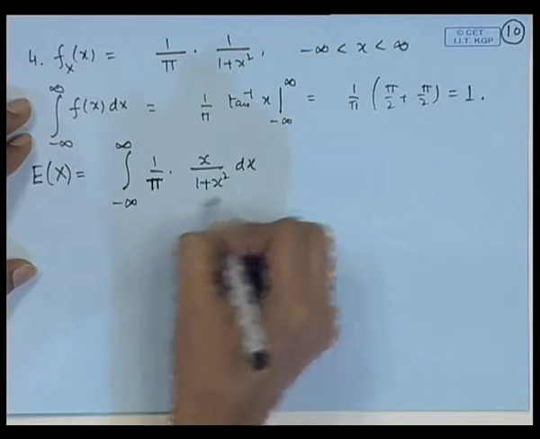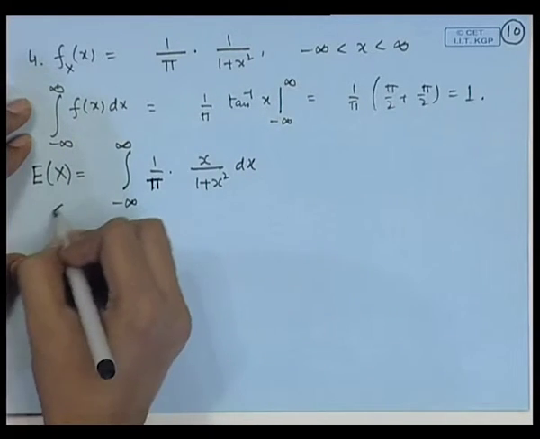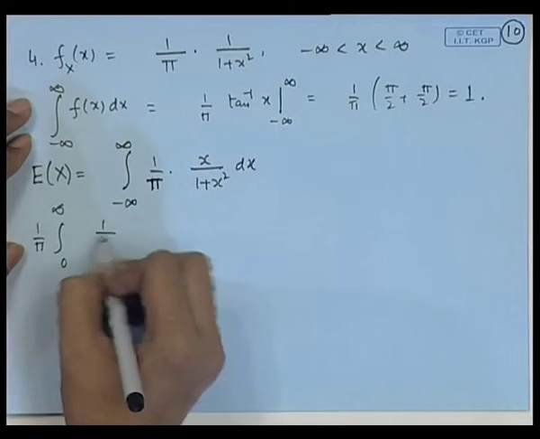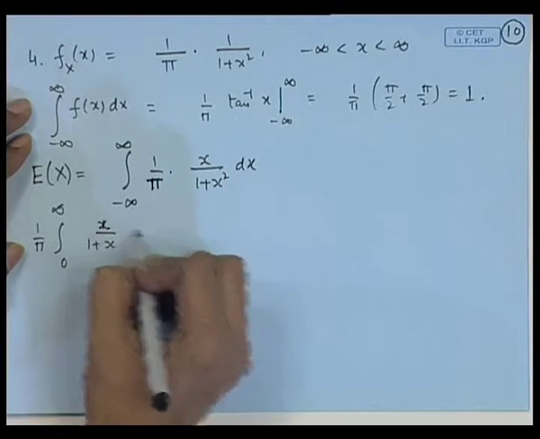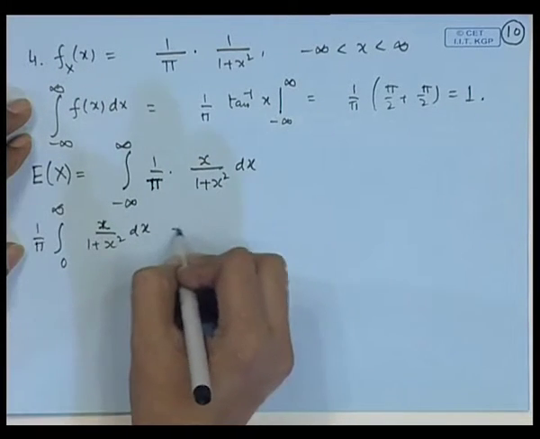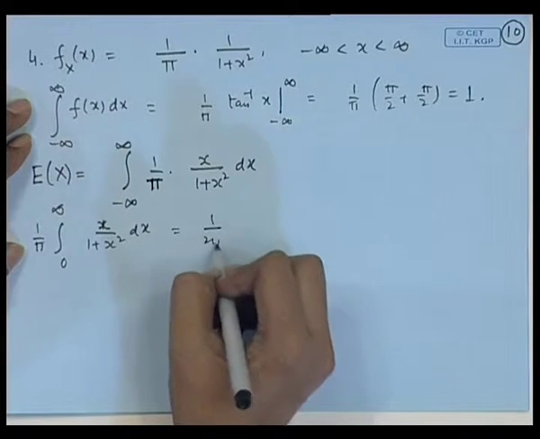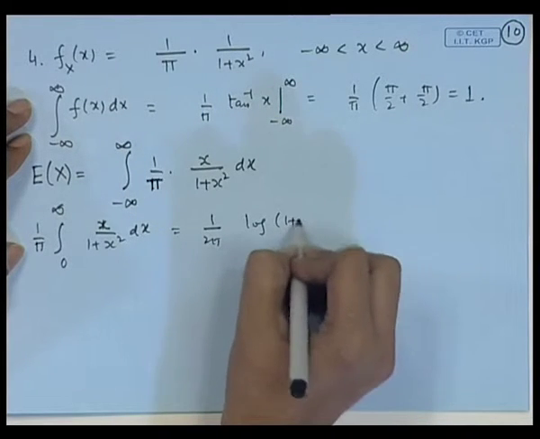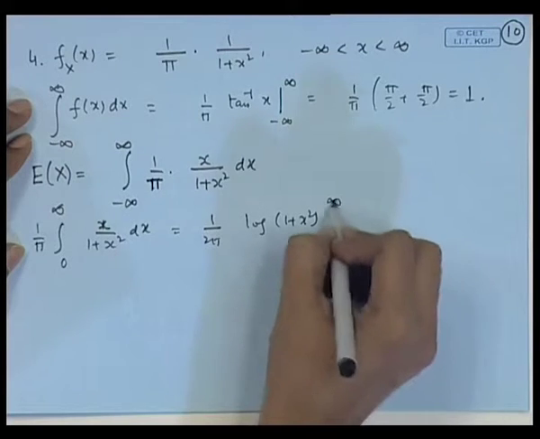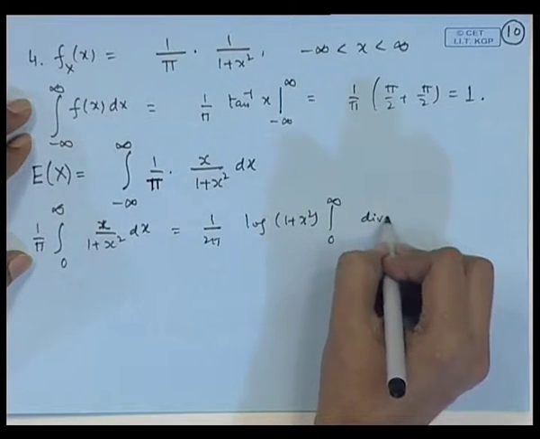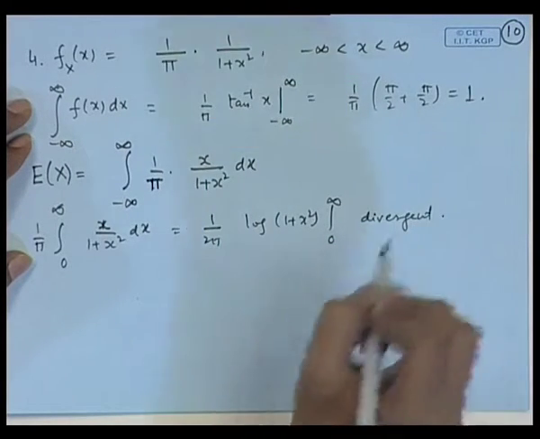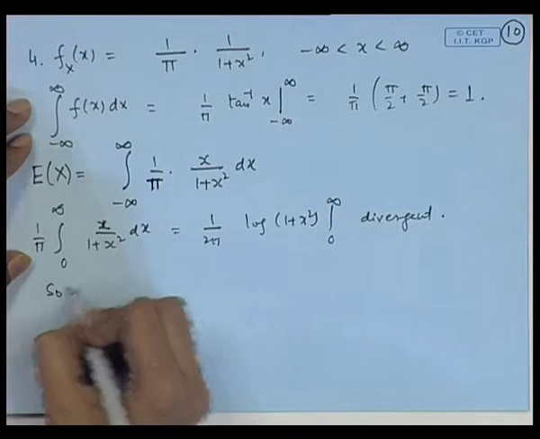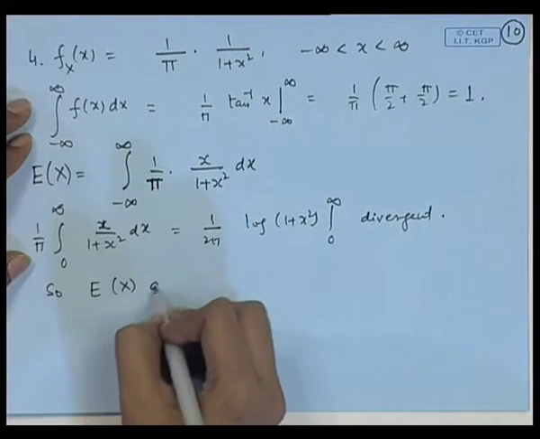Here if we look at integral 0 to infinity x by 1 plus x square, then it is equal to half log of 1 plus x square, which is actually divergent. Therefore, expectation of x does not exist.